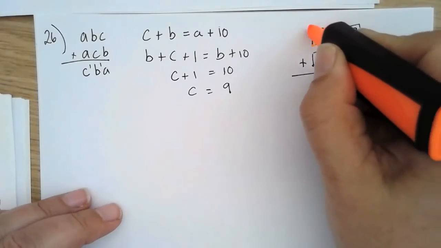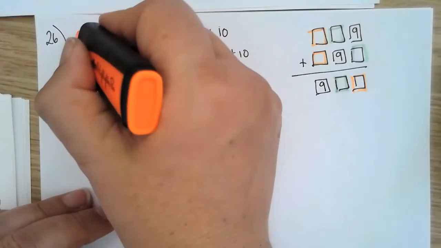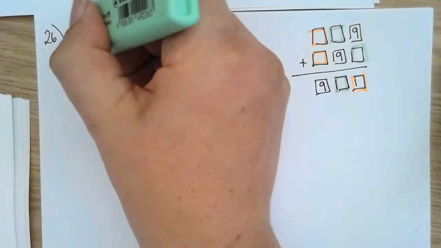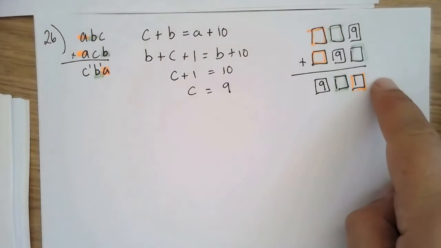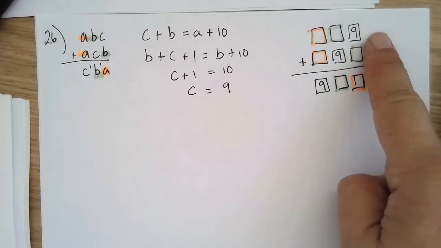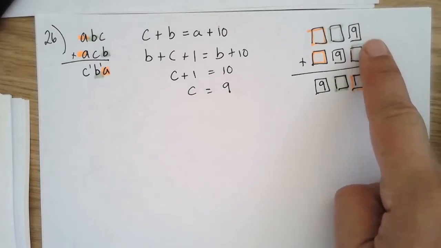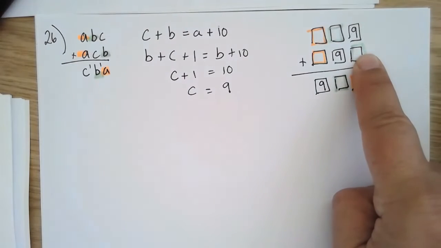And this one is A, this one is A, and this one is A. A there. B here. Okay, so we know that this has to be a 9. So what we've got going on here, we know that that's 9. So 9 plus something equals A plus 10.